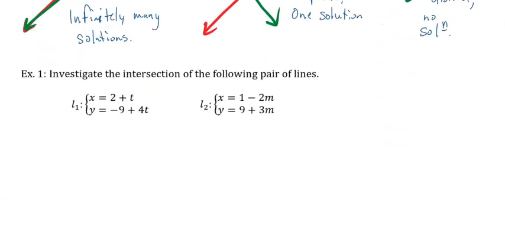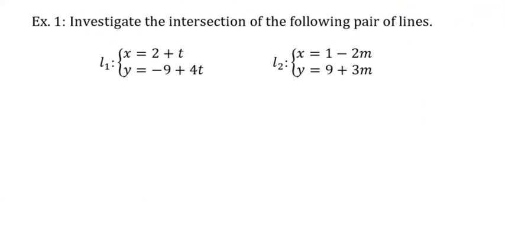So let's try one. We do 2 and 2 space. So the reason why this is different is because we don't have lines in scalar form.